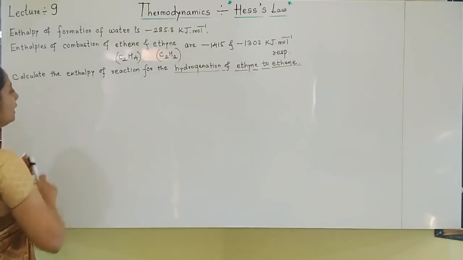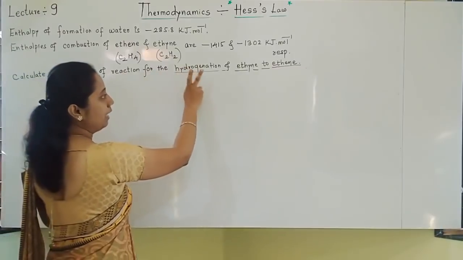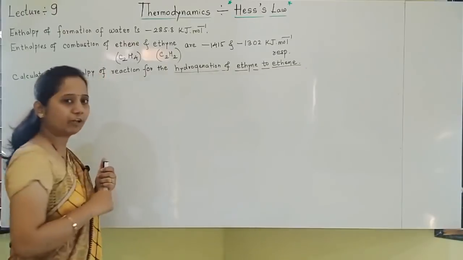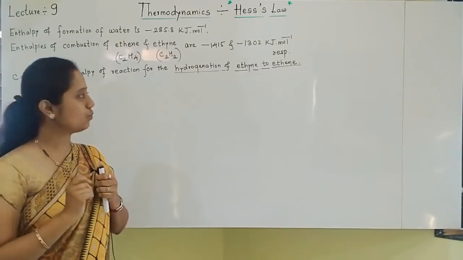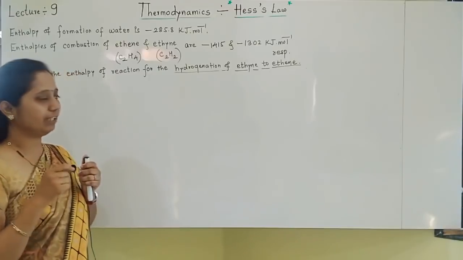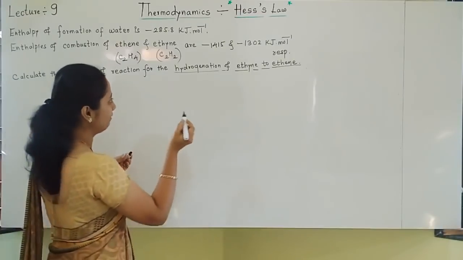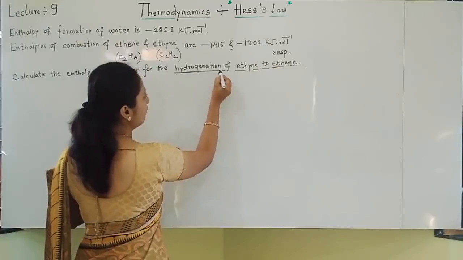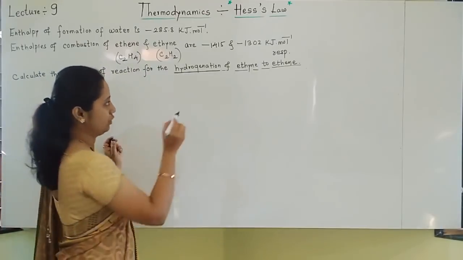Next, calculate the enthalpy of reaction for hydrogenation of ethyne to ethene. For this reaction you have to find out enthalpy value. Now students, hydrogenation of ethyne to ethene, how will you write the equation? I will just tell you this. Hydrogenation means addition of hydrogen. Addition of hydrogen is hydrogenation.